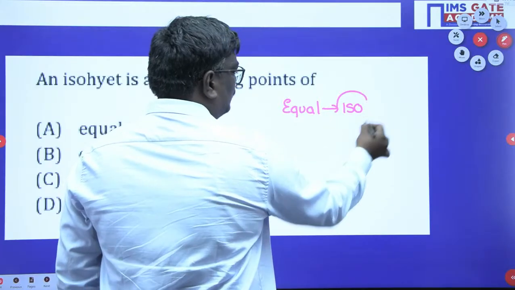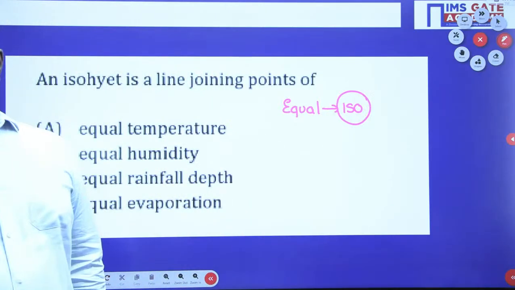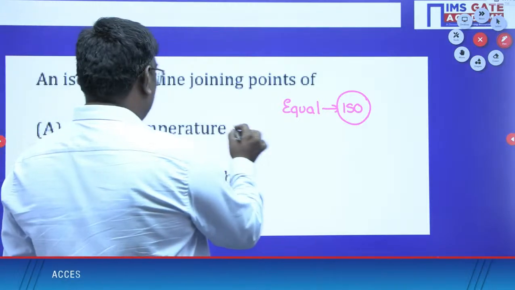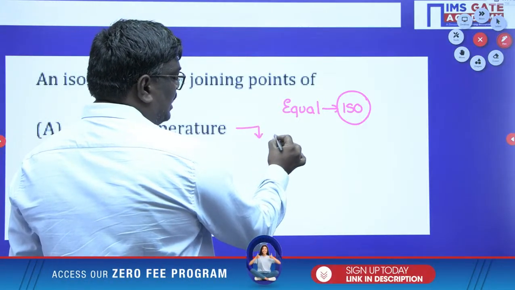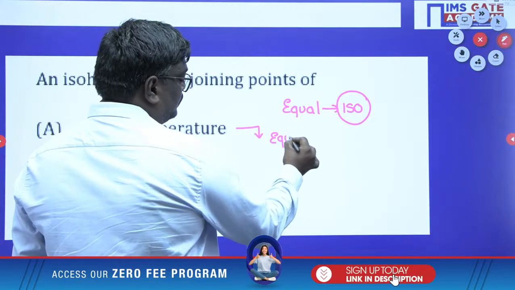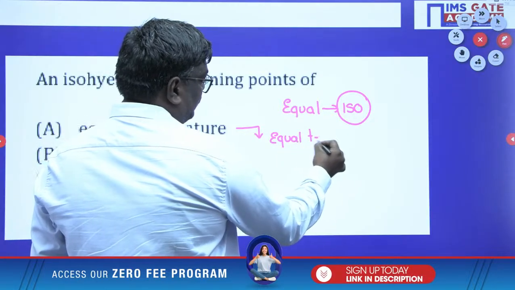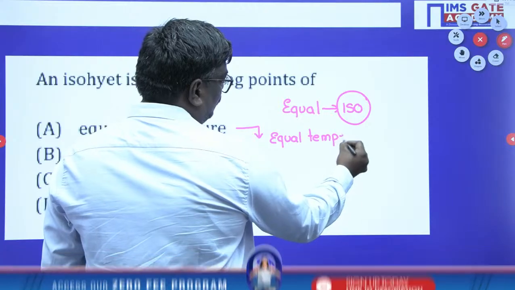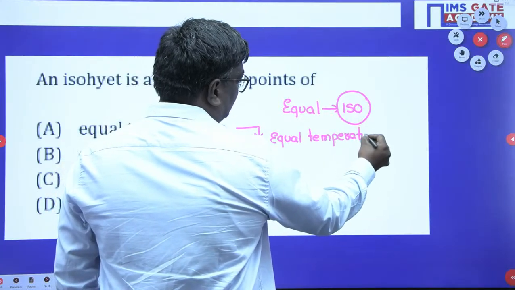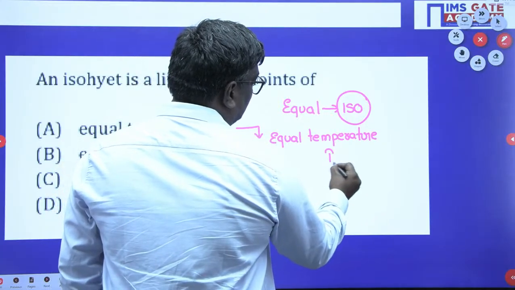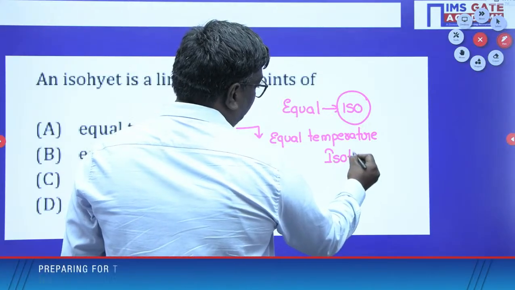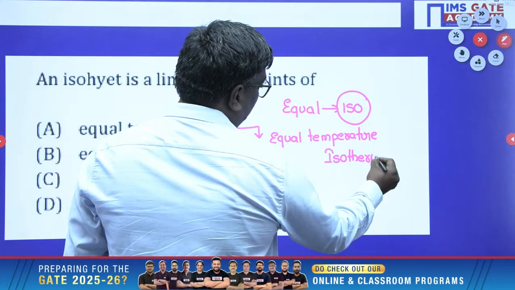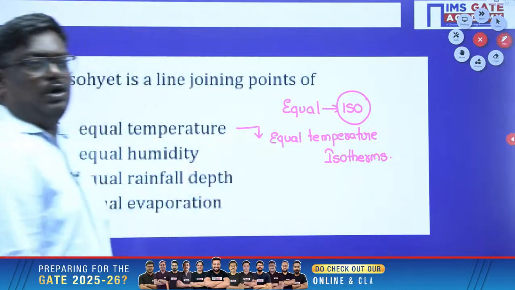So, a line joining equal temperature, first of all. When they ask you what is a line joining equal temperature, this is called isotherm. Isotherm. Okay, my dear students.